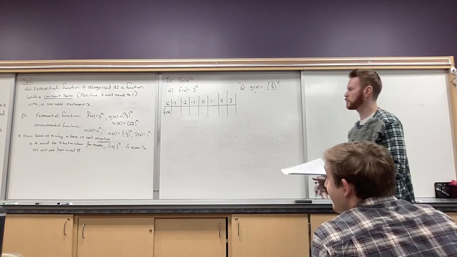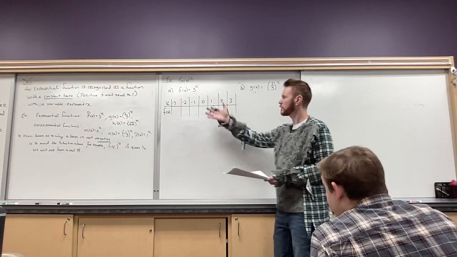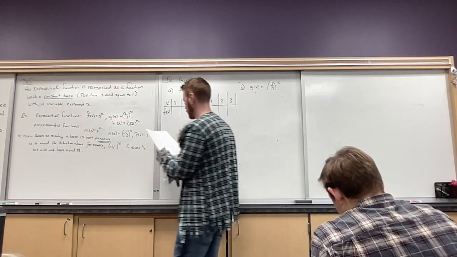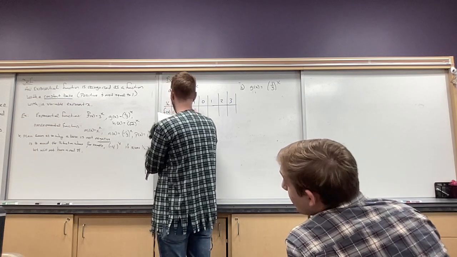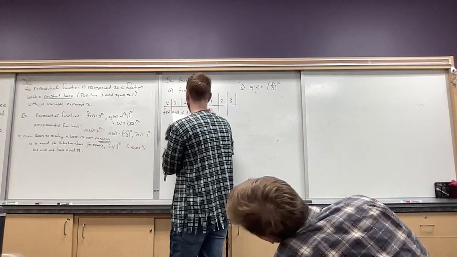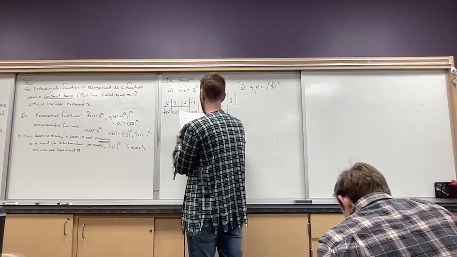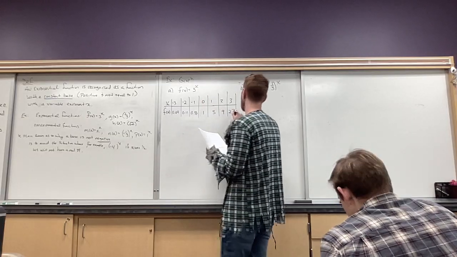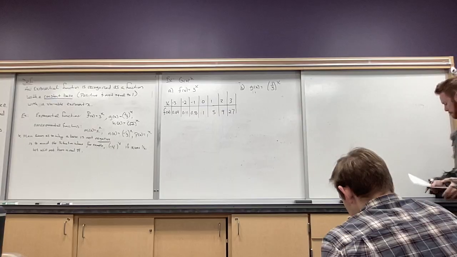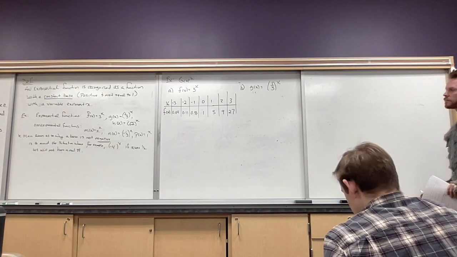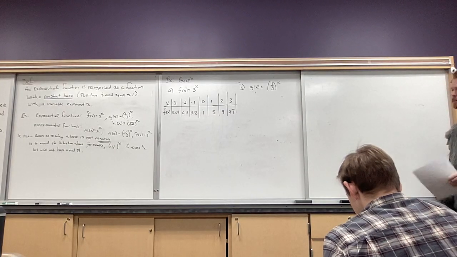I'm not going to plug each one in and simplify, but if I were to plug those in for x, I would get the following values. So 0.04, 0.11, 0.33, 1, 3, 9, and 27. Look at the behavior of it.